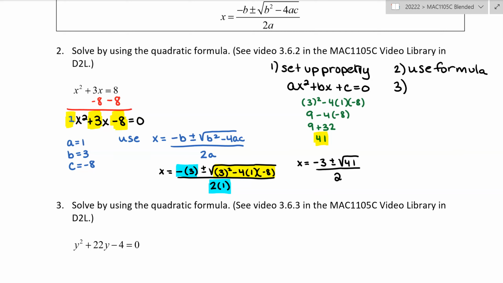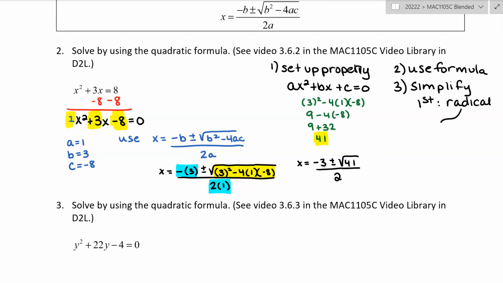And third, you're going to simplify, if possible. Not everything gets simplified. So when you're simplifying, the first thing you're going to do is try to simplify the radical. If you can simplify your radical, then you're going to try to simplify the fraction.